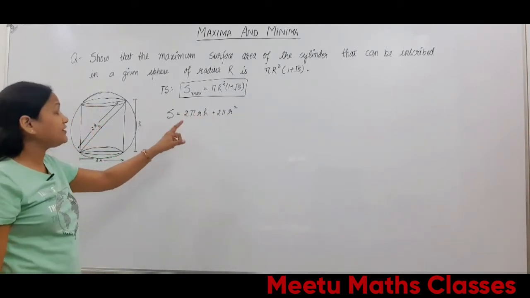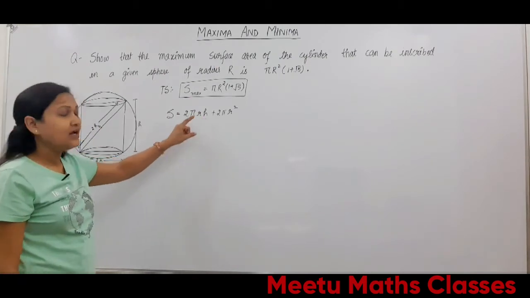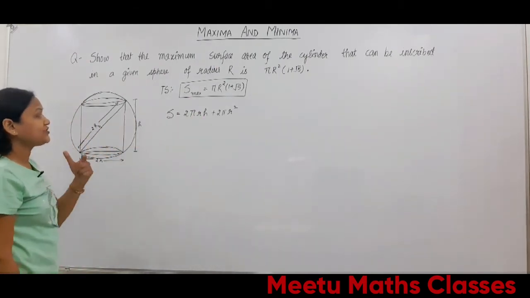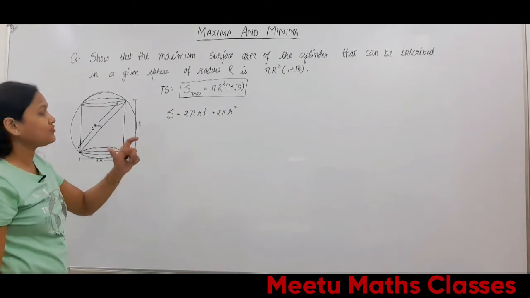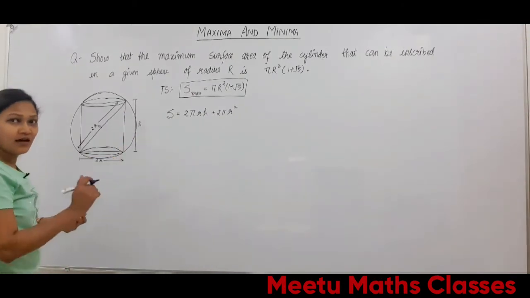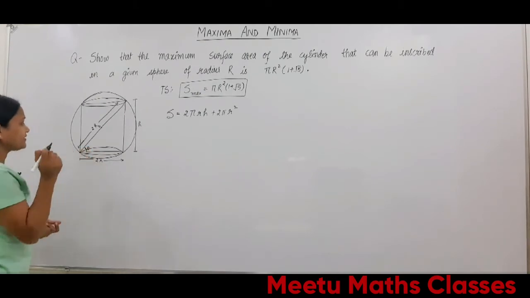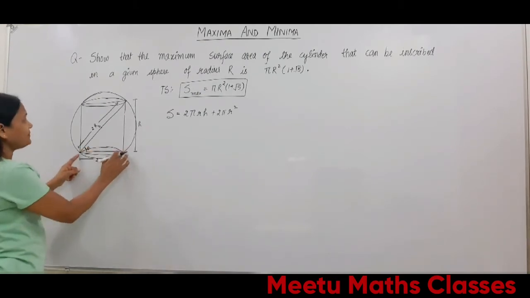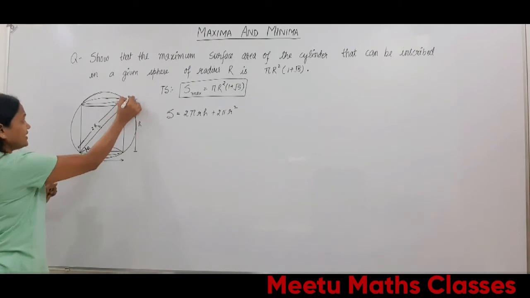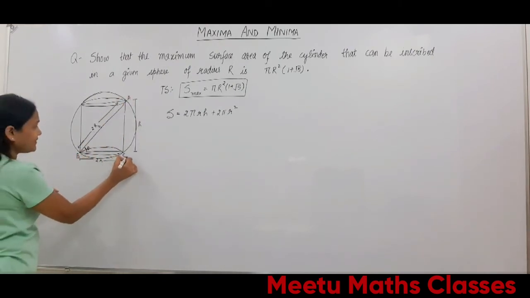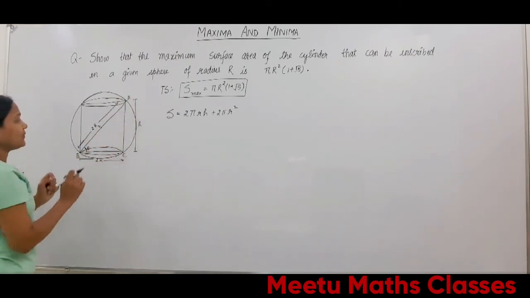You have to first make it in one variable. तो आपके पास कोई भी एक रिलेशन होना चाहिए जिससे आप r और h को एक ही वेरिएबल में कर पाएँ. So let us introduce theta here. Let this be theta. तो आप इसमें triangle ABC में you can apply trigonometry here.